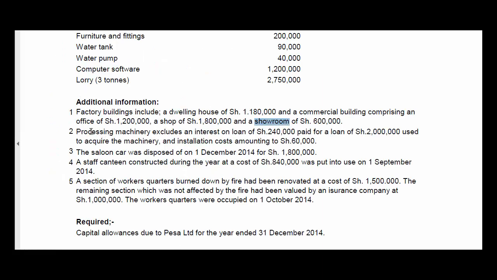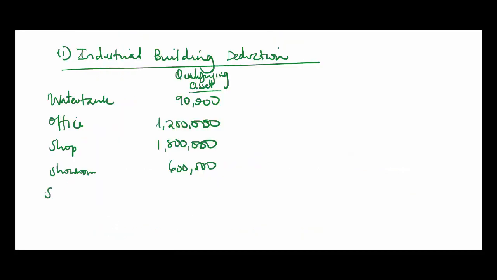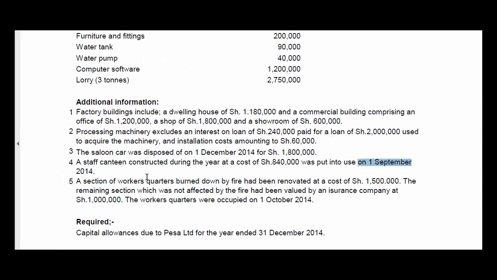Let's read through the other notes. We have already done note number 2. Note 3 is about a car. Note number 4 is industrial building. We are told that there is a staff canteen of 840,000. The key thing you have to watch out for is this date, 1st September 2014. So the canteen is for 4 months. The cost is 840,000. Then we go to number 5.